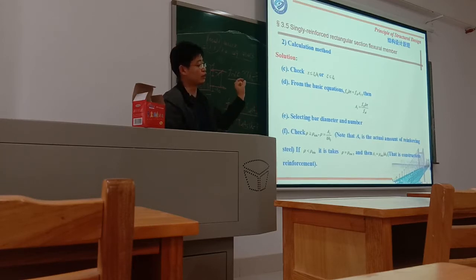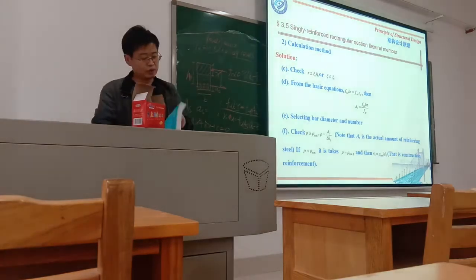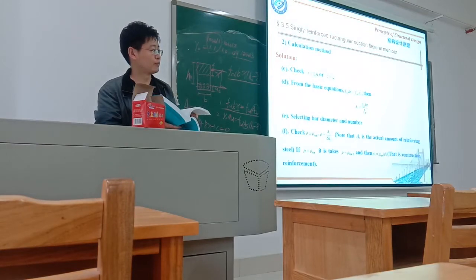With a smaller diameter, the area of each steel is smaller, so the number of steel bars increases. Maybe you need two or three layers to arrange this reinforcement. But if you use a large diameter, maybe one layer is enough.